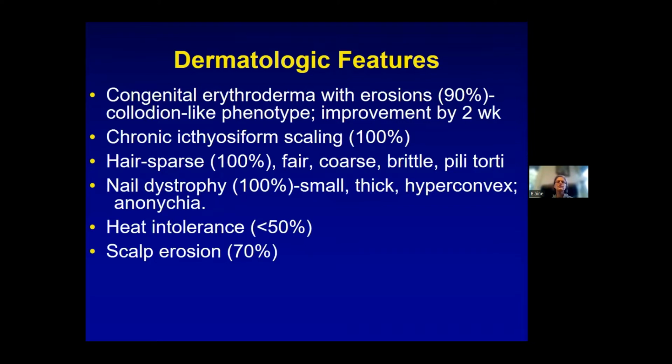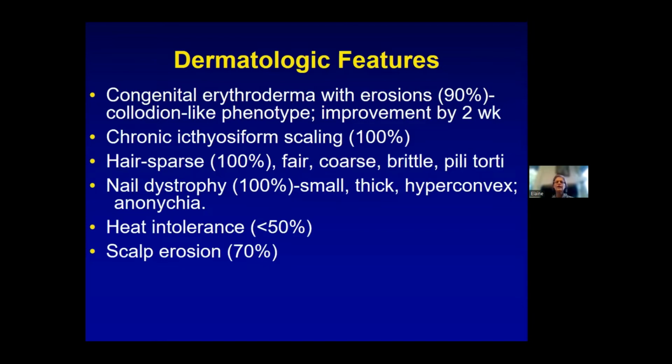The dermatologic features of this condition are also really distinctive. The biggest and most problematic is very severe congenital erythroderma, often accompanied by severe erosions in 90% of patients. The most common place for those erosions is the scalp, but they can cover a large percentage of body surface area. Often there's a collodion-like phenotype, chronic ichthyosiform scaling, and again the characteristic sparse hair that we see in other forms of ectodermal dysplasia, but it's brittle and can feature pili torti.